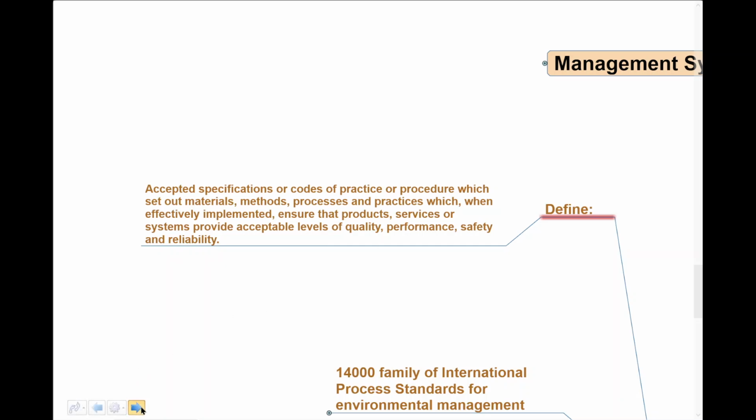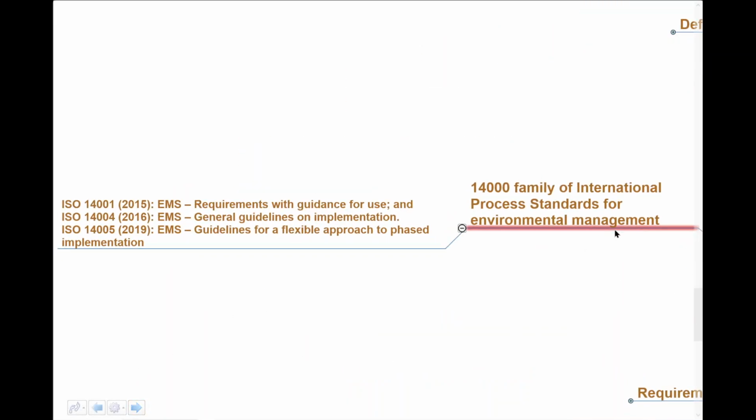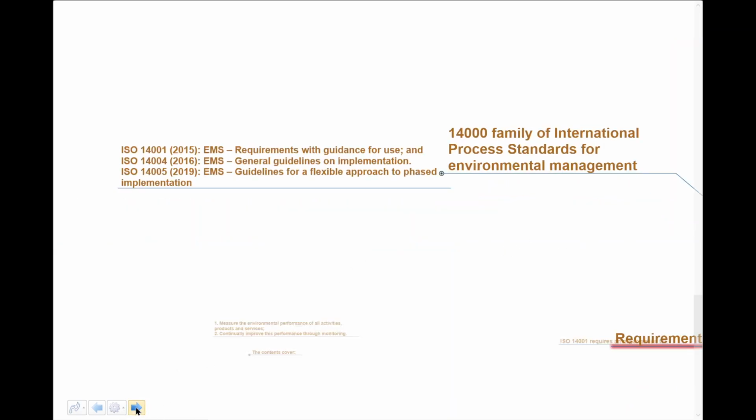Now, in terms of more detail here, you're probably familiar with the 14000 family of international process standards for environmental management. These are just some examples, and really these provide a range of pretty bulletproof guides and documentation to assist businesses in this area of standards for environmental management.